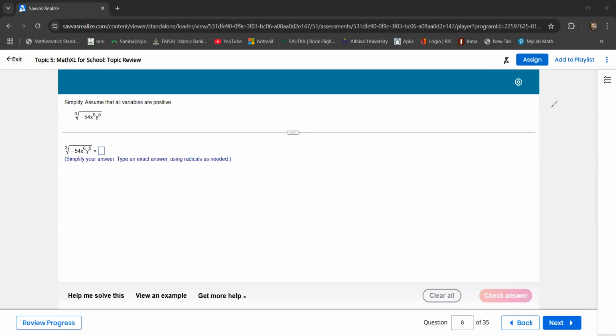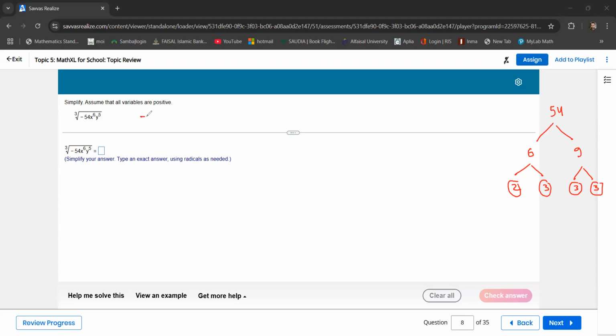So we know that 54 is 6 times 9, and the 6 is 2 times 3, and the 9 is 3 times 3. So 54 is 2 multiplied by 3 multiplied by 3 multiplied by 3, which means 2 times 27.